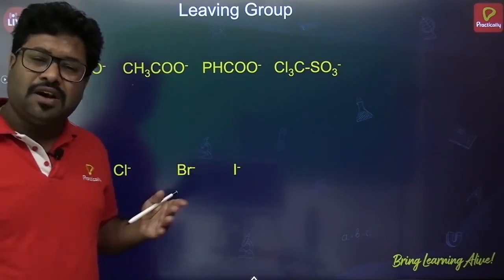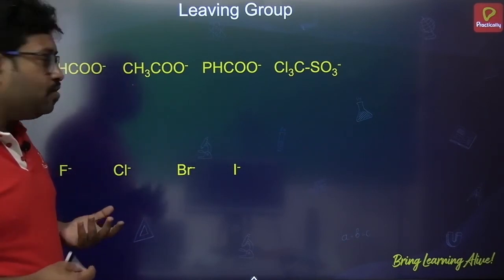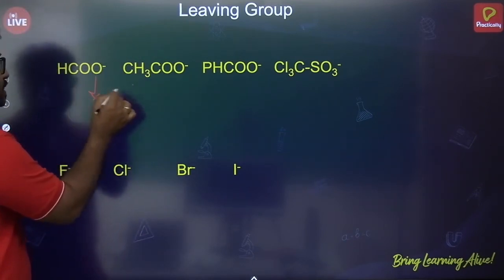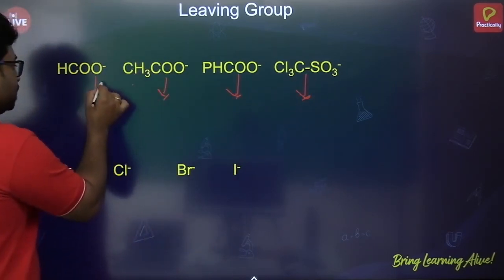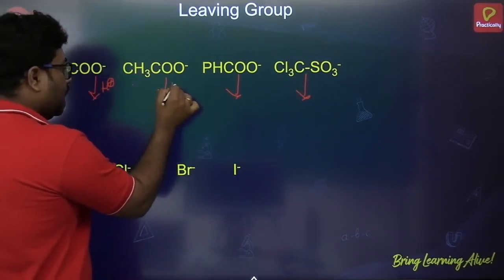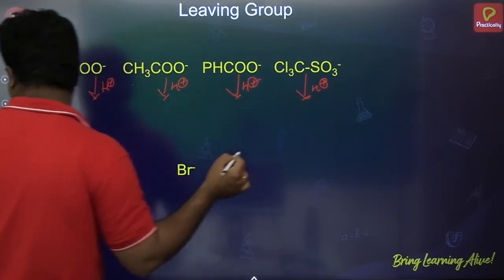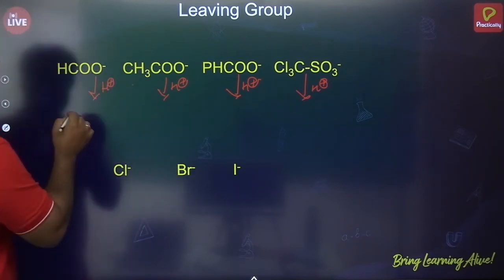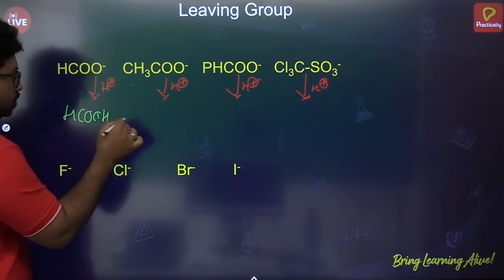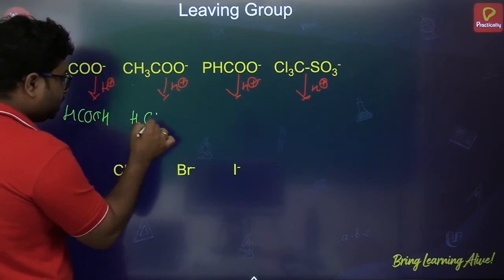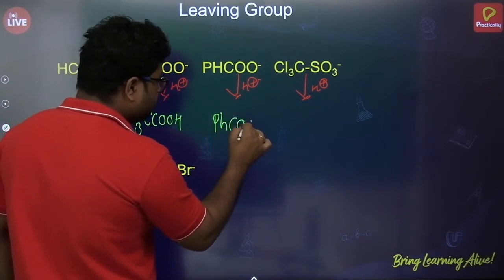And we had already seen about this in SN2 also. What we do here is put the H plus ion into this, right? And what do we get? See, this will give you HCOOH. This will give you CH3COOH. This will give you PhCOOH.